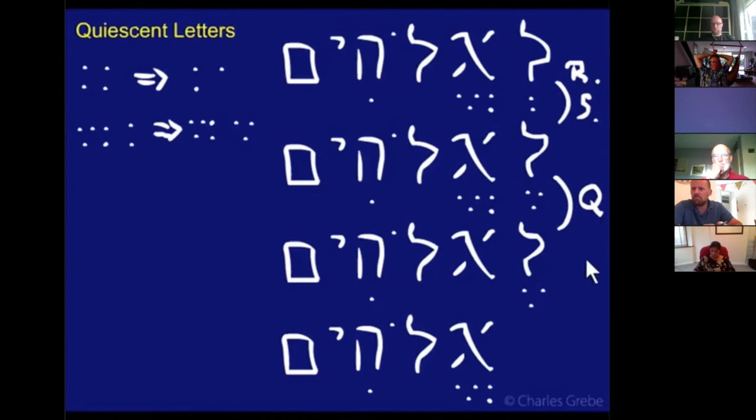Quiescence of the Aleph. Now, what often happens with Aleph, as opposed to the other quiescent letters, is that when Aleph quiesces, you will frequently get compensatory lengthening. So, let me erase this here. It's already quiesced, so we've lost that.